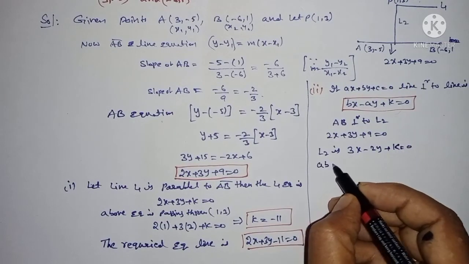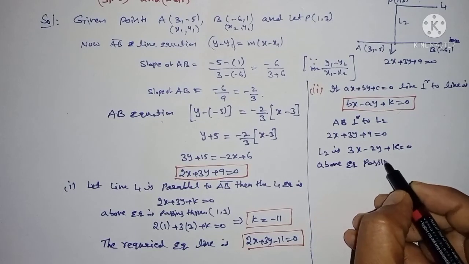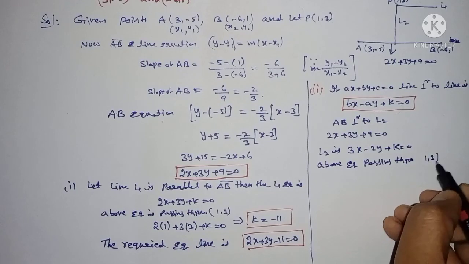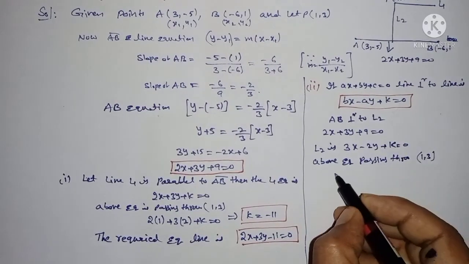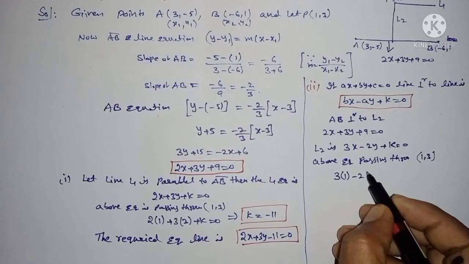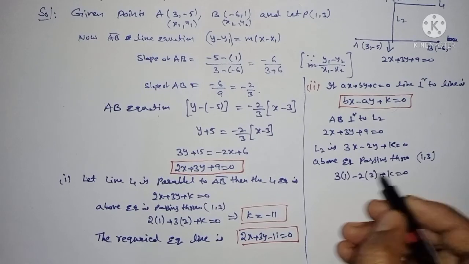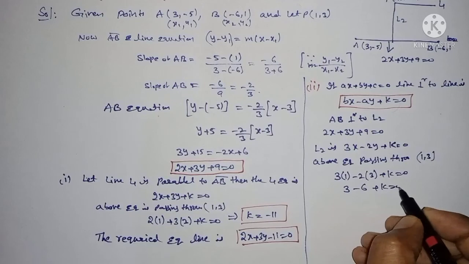The above equation is passing through (1, 3). Substitute: 3 of 1 minus 2 of 3 plus k is equal to 0. Therefore 3 minus 6 plus k is equal to 0.